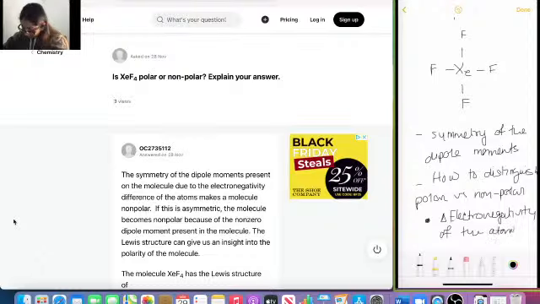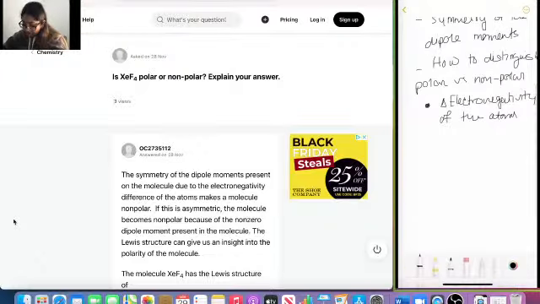Okay, and so how do you distinguish from the structure?